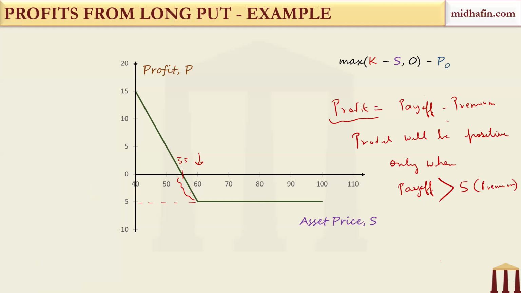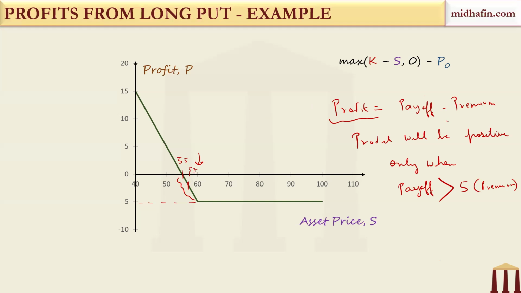So think about it: if you exercise the option with the stock price being between 55 and 60, obviously your payoff is less than 5. You can check it. Let's exercise it at, say, 57. What is the payoff? Only payoff, not profit. 3, exactly.